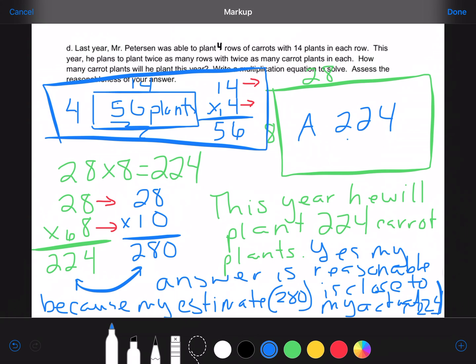I apologize that it got bad there. What I wanted it to say was, yes, my answer is reasonable because my estimate of 280 is close to my actual answer of 224. And don't forget your period. Good luck on your test tomorrow.